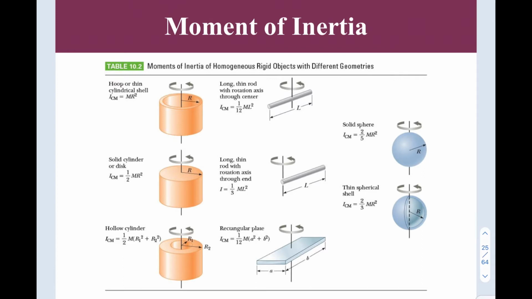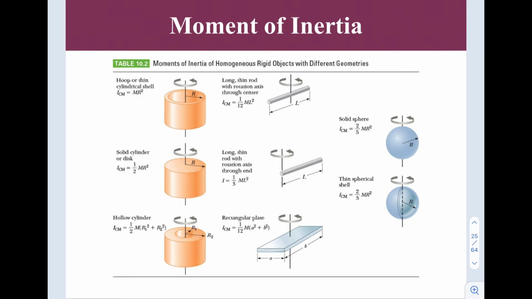So here is a list of moments of inertia for different types of objects. You have to be able to recognize which one to apply in your problem solving. For a hoop or thin cylindrical shell, with the axis of rotation at the center, passing through the object like this, I at the center of mass is equivalent to m r squared.